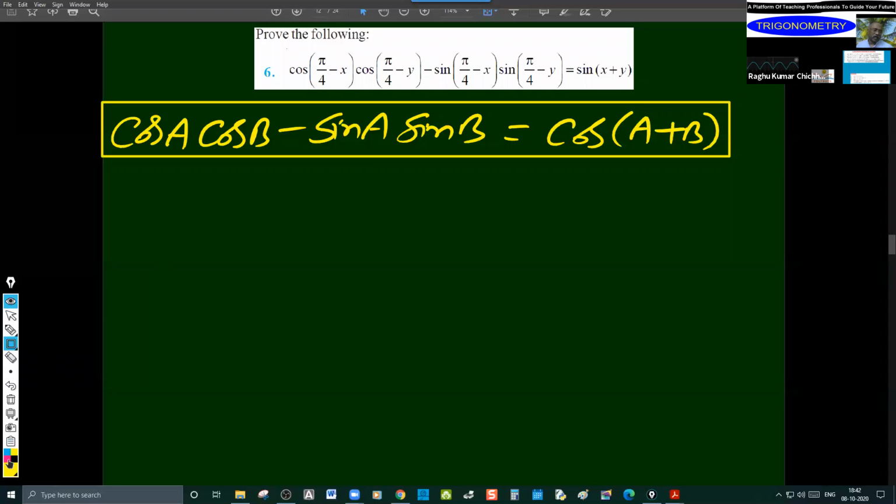So now let us see the comparison here with this formula. This is A, this is B, again this is A, again this is B. So what is to be written in place of A? Pi by 4 minus x. What is to be written in terms of B? Pi by 4 minus y. That's it. Nothing other than that.